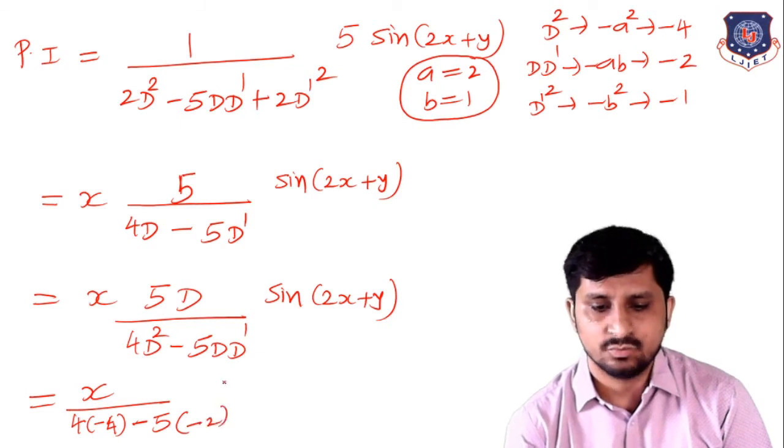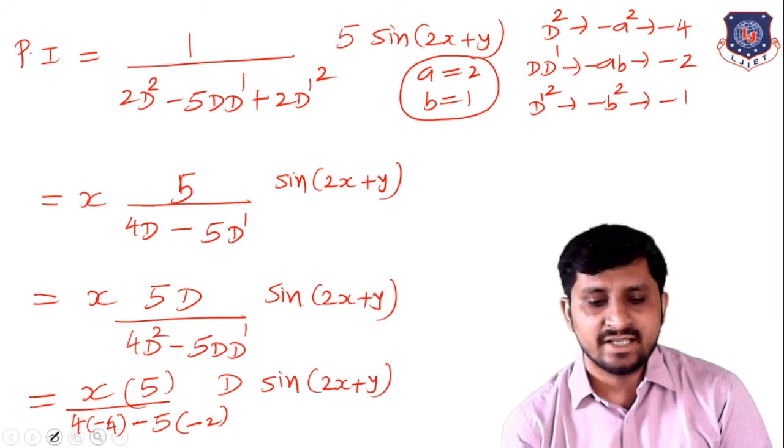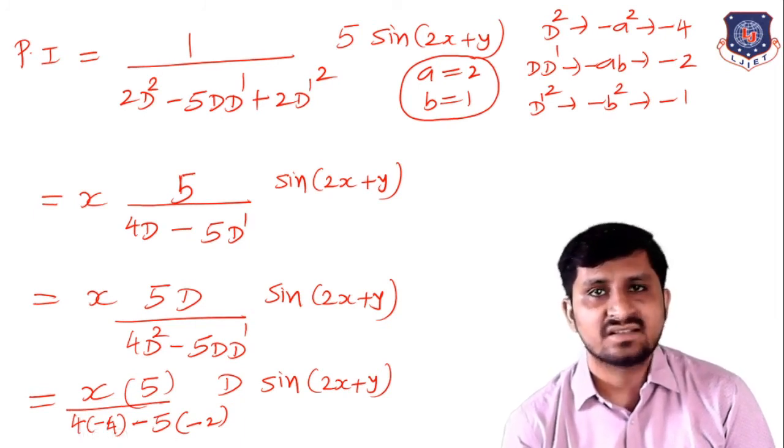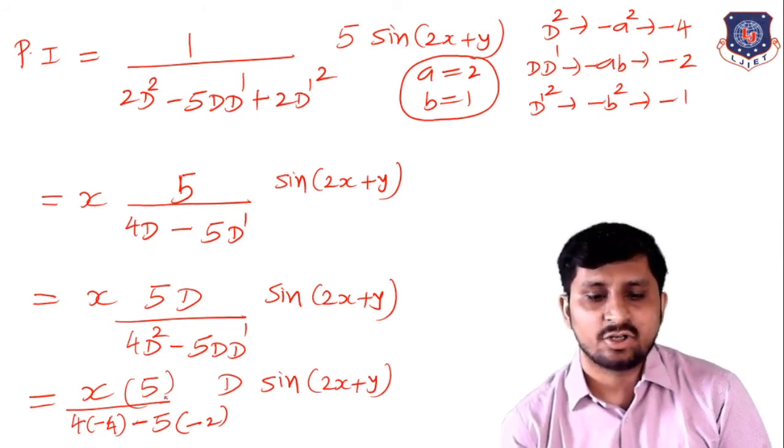So minus 2, okay, 5 is already there, right, and D sin(2x + y). Now in the denominator, try to understand, this is minus 16 plus 10, so minus 6, and in the numerator we already have 5, so minus 5x by 6.